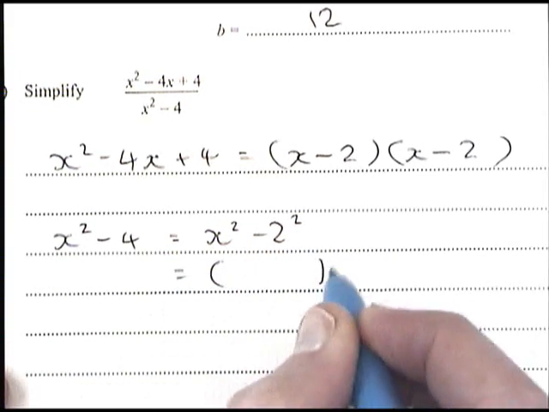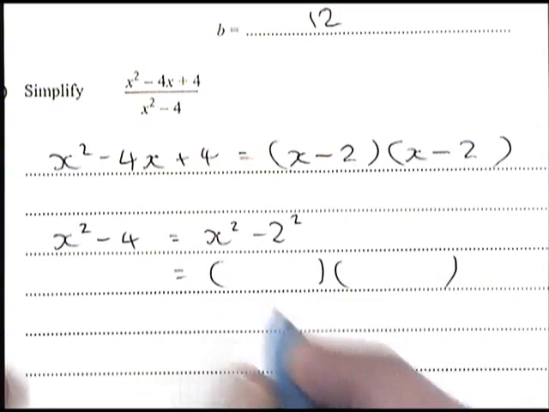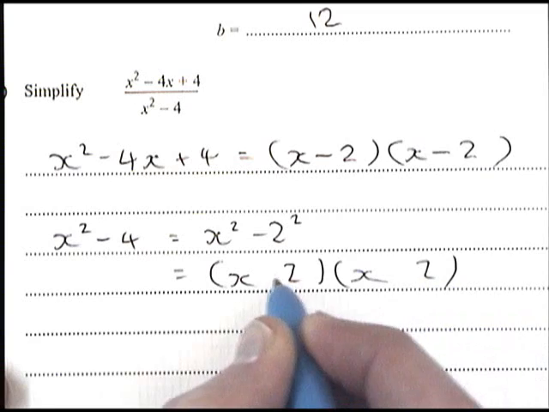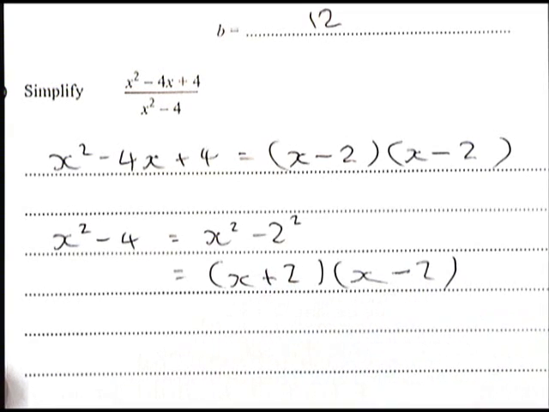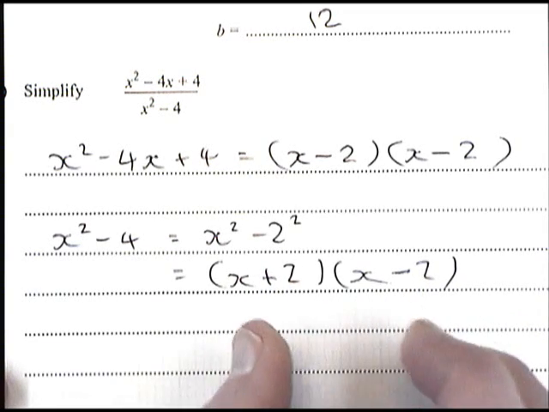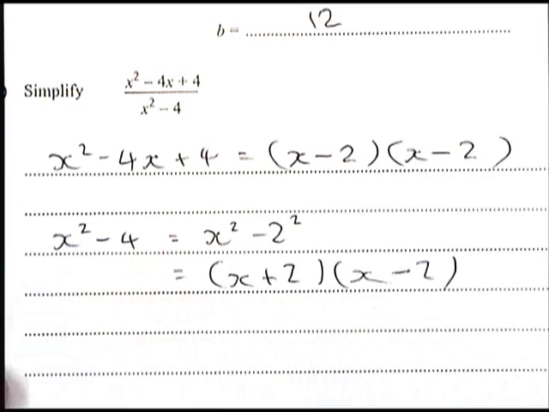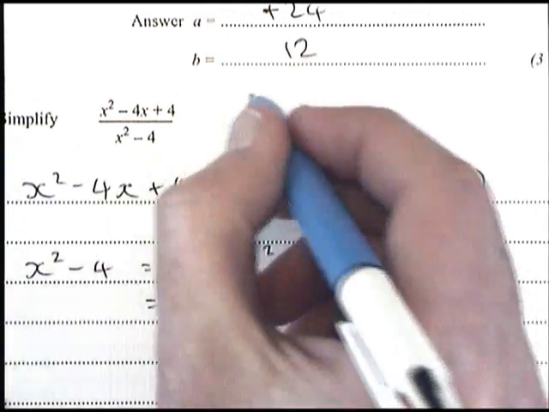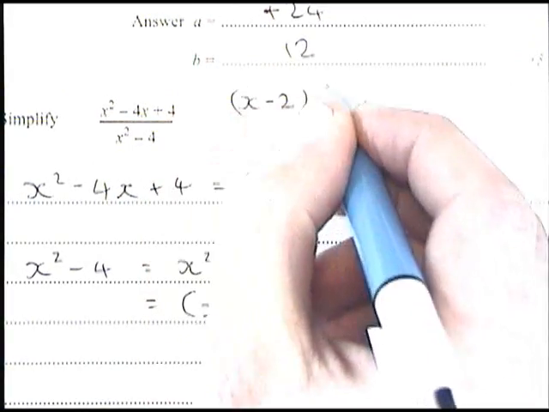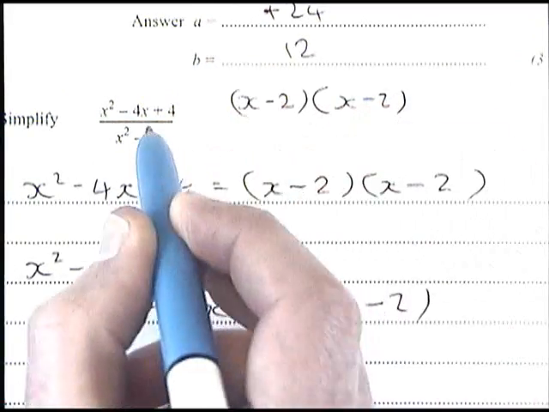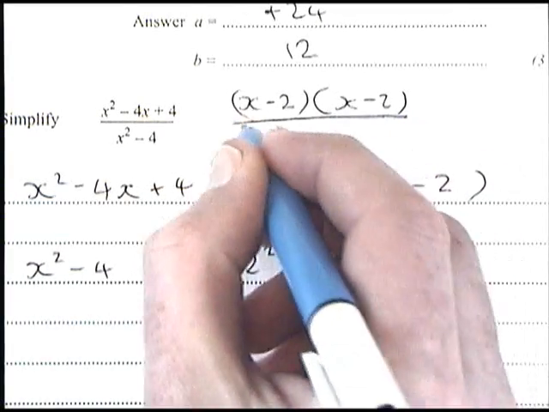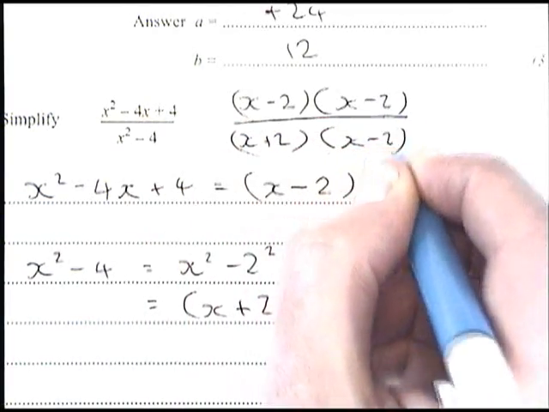And if you get that, you need to remember you can write that as two brackets, x and a 2, x and a 2, one bracket will need a plus, one bracket will need a minus. And if you check, multiply that together, you'll get this. So if you go back to the question, the top line we know is the same as x minus 2 times x minus 2. And the bottom line is the same as x plus 2 times x minus 2.